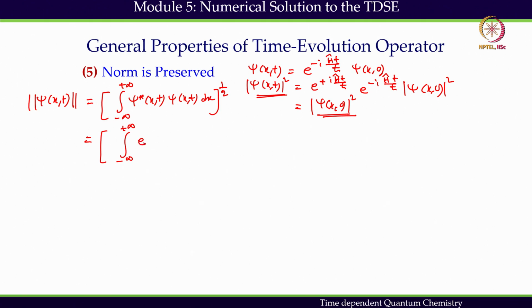So, that is going to be e to the power i h cap t by h cut psi star x 0. Here I have removed the negative sign because this is the complex conjugate part of the wave function. Then the other part will be represented as 1 minus i h cap t by h cut psi x 0 dx to the power half.